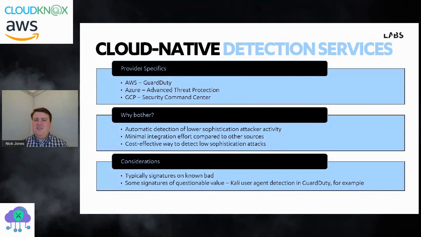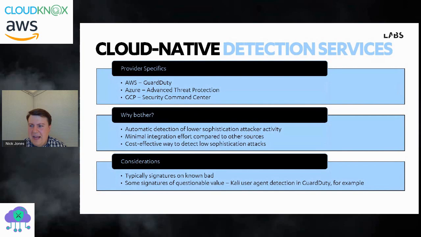Now, cloud native detection services. So GuardDuty is probably the big name here, but you've also got Advanced Threat Protection from Azure, and Security Command Center from Google has some of this built into it too. And what we've got here is automatic detection of lower sophistication attacker activity. And what I mean by that is this is essentially sort of antivirus for cloud.